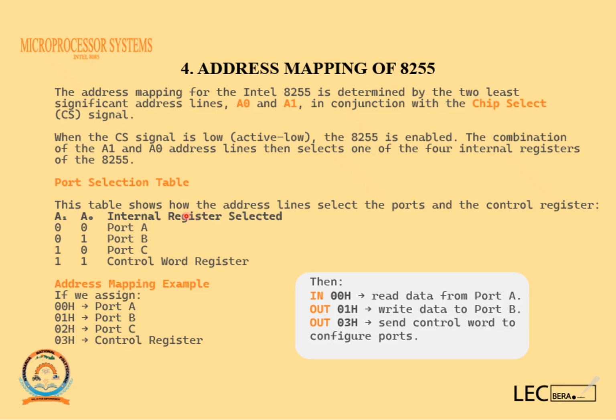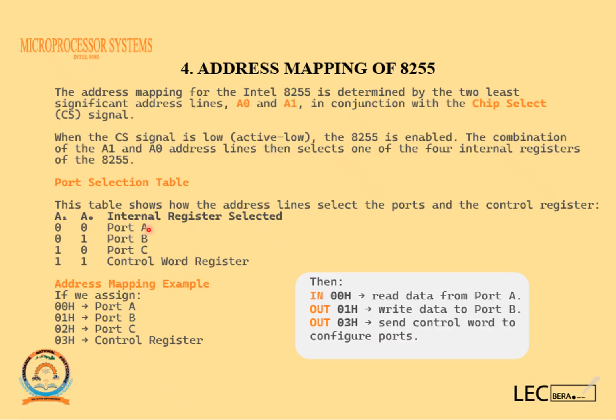If I send 0, 0 to A1 and A0, then port A is going to be selected. If I send 0, 1, then port B is going to be selected. If I send 1, 0, then port C is going to be selected. If I send 1, 1, then the control word register is going to be selected.